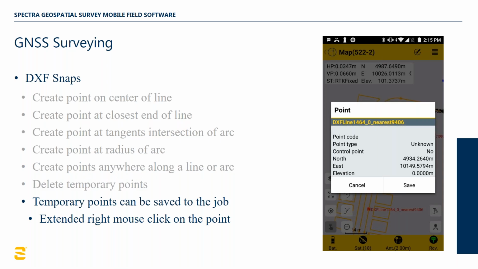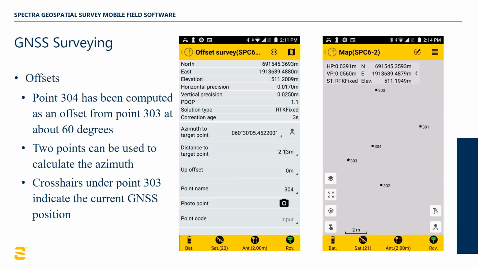As with other programs, if I want to save any of these temporary points to the job, I just do an extended right mouse click on the point, and I will be given the option to save it. In the GNSS side of things, it's a little bit different than on the total station side, the offsets. So the offset was probably computed as the inverse between 2 points, which can be done.